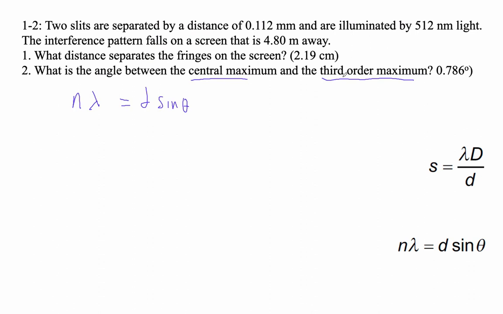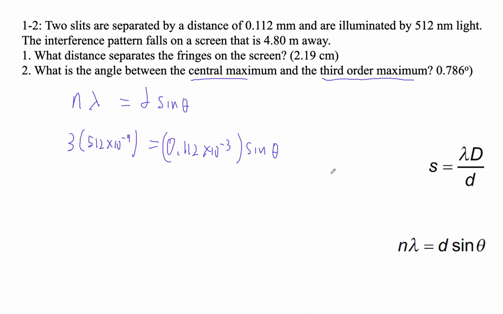It's going to be right in the center. Okay, and then we're going to find the third order maximum, which shouldn't be too hard, right? Okay, so let's see. If it's the third order, we're going to put a 3 in there, and then 512 times 10 to the minus 9th equals d, which is 0.112 times 10 to the minus 3rd, times the sine of the angle.